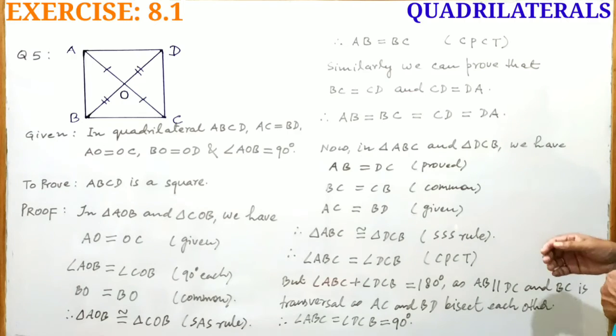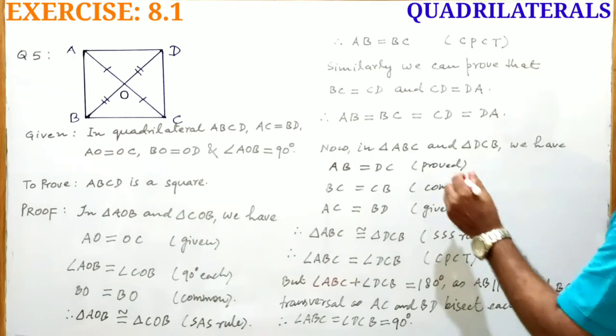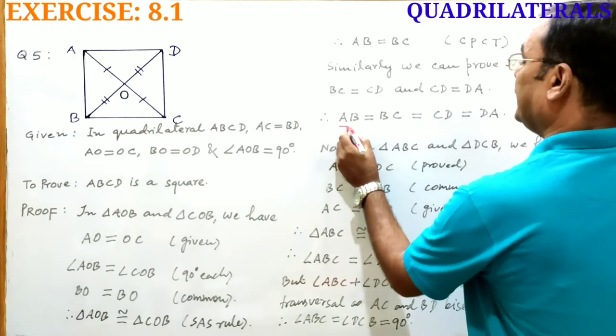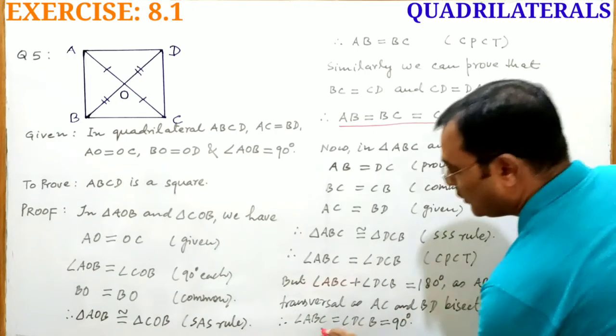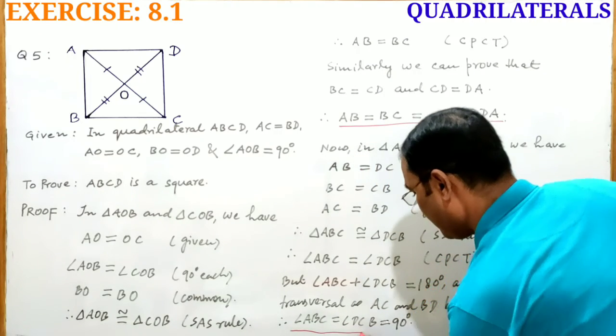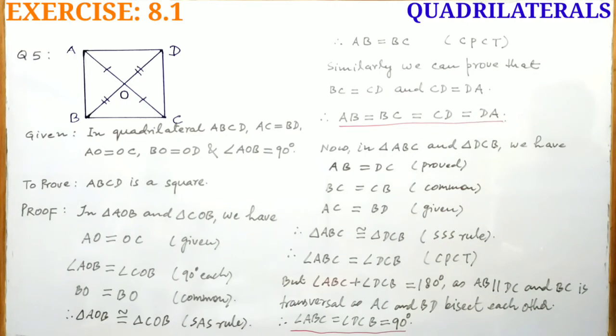Now see, here we have proved that sides AB equal to BC equal to CD equal to DA, and here we have proved that angle ABC is equal to 90 degrees.